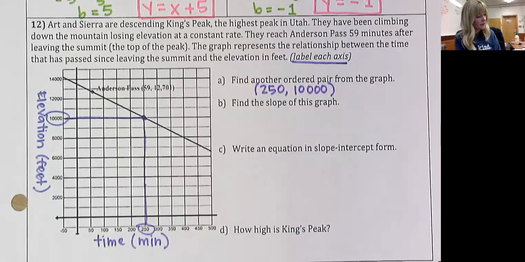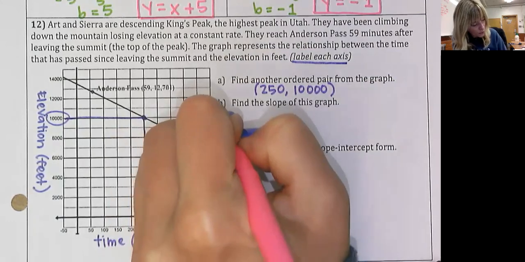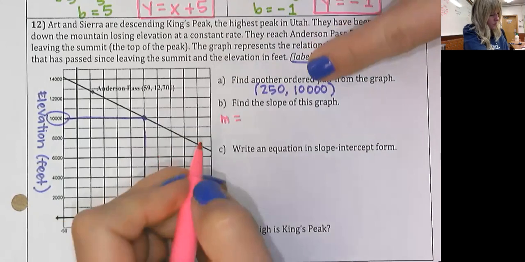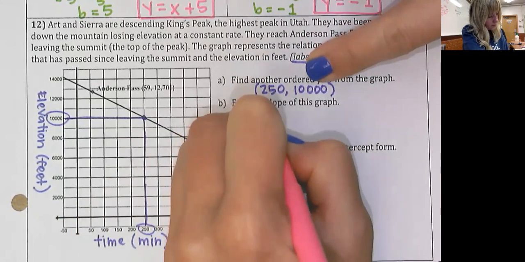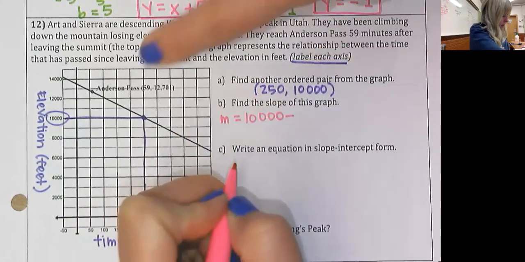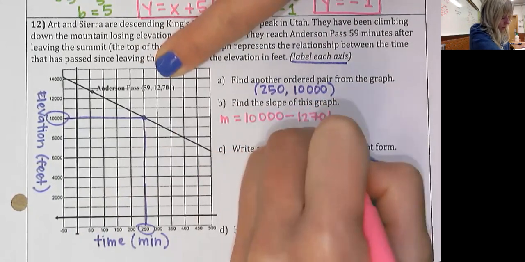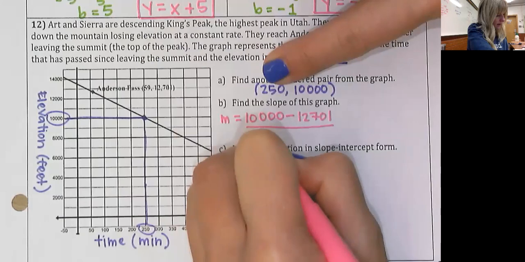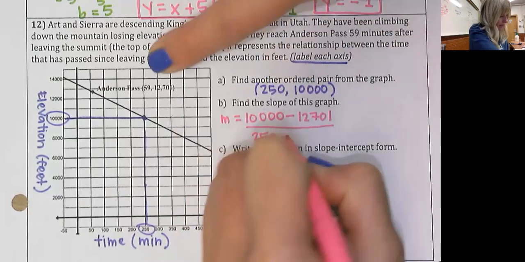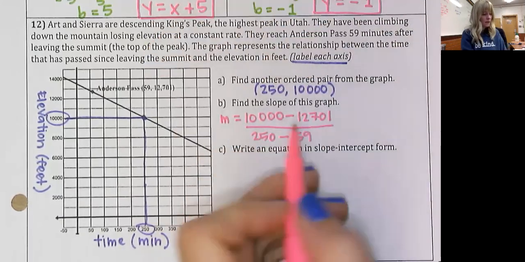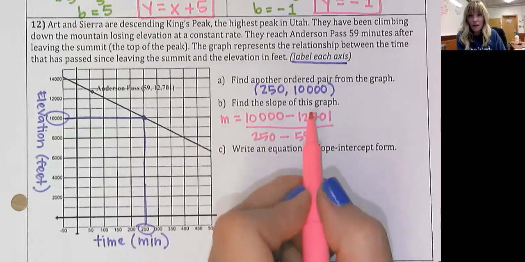All right, part B, find the slope. I have two ordered pairs. So here I go. y2 minus y1, 12,701, over x2 minus x1. These are y's, they're elevation, they have to go together.